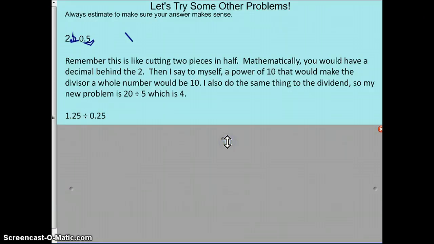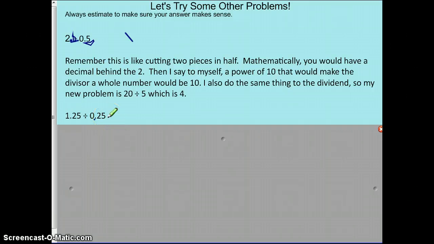Now, go ahead and write that out. 1 and 25 hundredths divided by 25 hundredths. I think to myself, I know that 25 hundredths is a fourth. So I'm going to be dividing this into a fourth. Okay. So what I do is I have to take my divisor, and I have the decimal here, and I move it over 2.